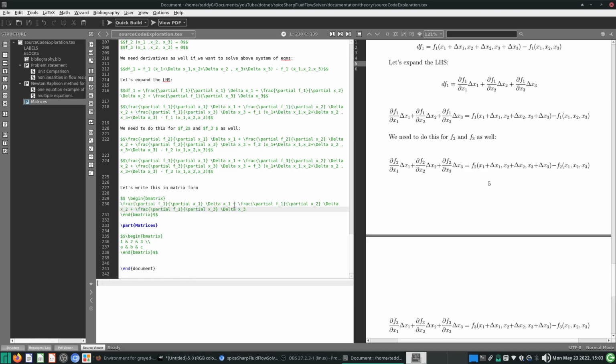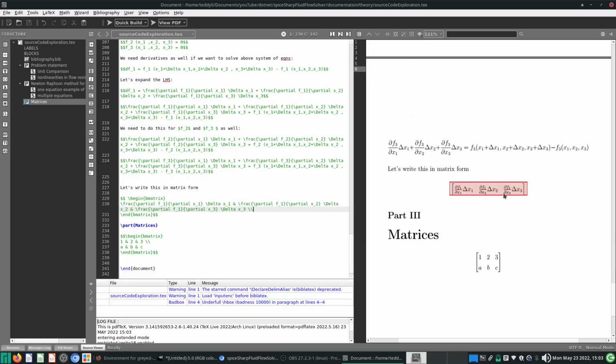So it's something like that. I need to put the n signs here and go to the next line. Okay, so I'll just stuff this equation here and replace the plus with n signs so that we have this in the matrix form. Of course, this is not the final form. We need to take the x1, x2, and x3 out. So I'll take the delta x1, delta x2, and delta x3. I need to take it out also.